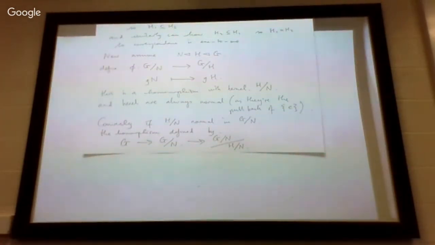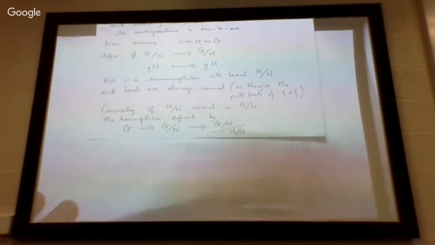So this homomorphism, the mapping is the obvious one.